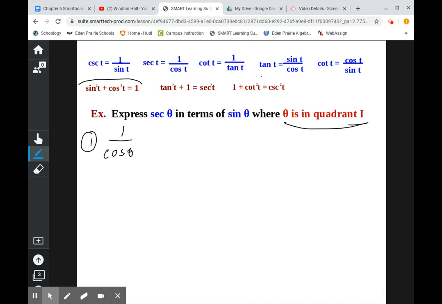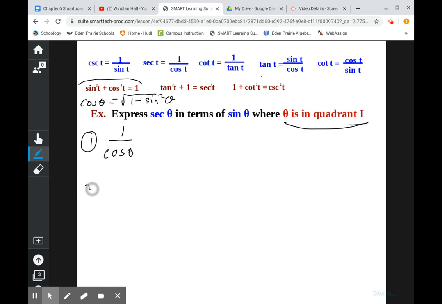Let's see what I can do. If I subtract the sine squared and take the square root, I have cosine of theta equals the square root of 1 minus the sine squared of theta. Keep in mind, I'm going to keep it positive because it's in quadrant 1.